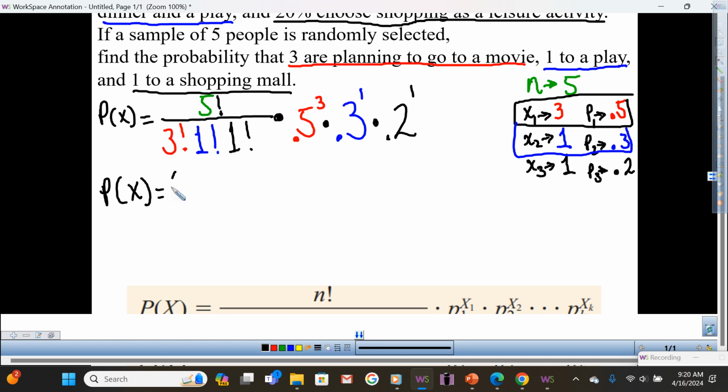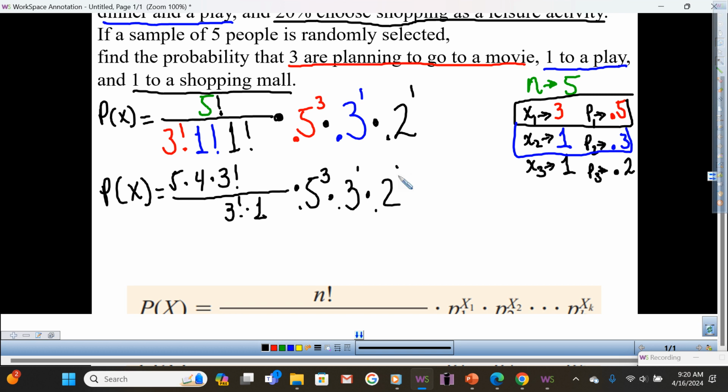This is 5 times 4 times 3 factorial over 3 factorial, and then 1 factorial is just 1, is that correct? Yeah. Times 0.5 cubed times 0.3 to the first times 0.2 to the first.